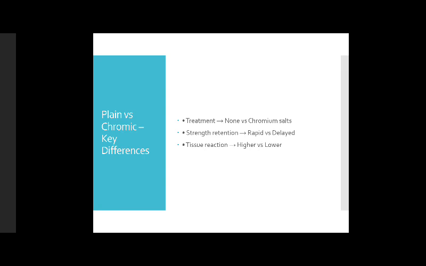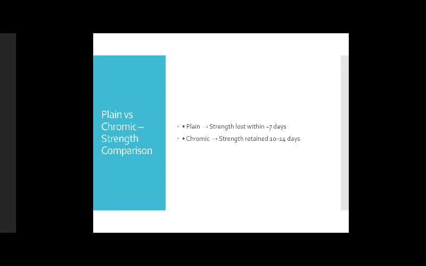Tissue reaction is higher in plain catgut and much lower for chromic catgut. Chromium salt, rapid versus delayed, higher versus lower tissue reactions.